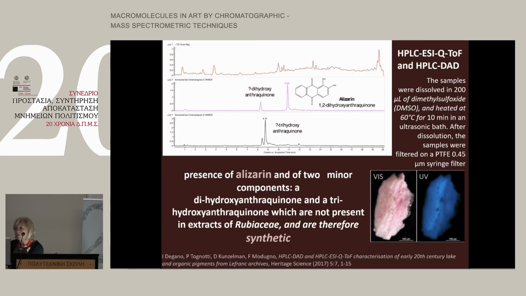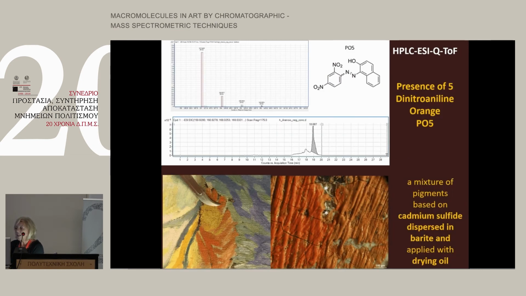It was analyzed by HPLC, and we found that this is made by synthetic alizarin, because in the commercial synthetic alizarin you can find these two markers, dihydroxy and tretinoin, which are not present in the natural one.